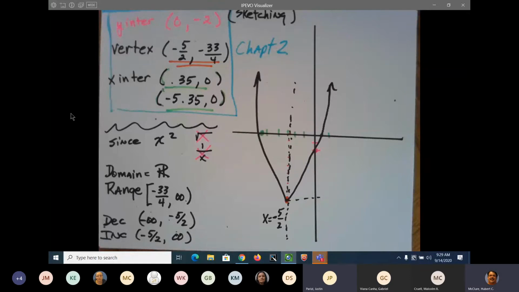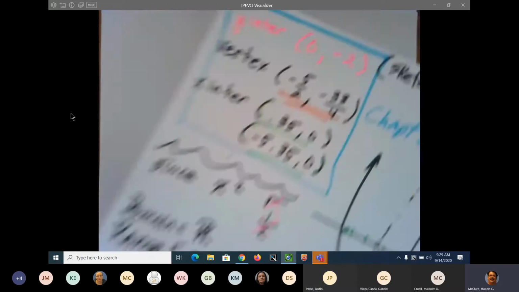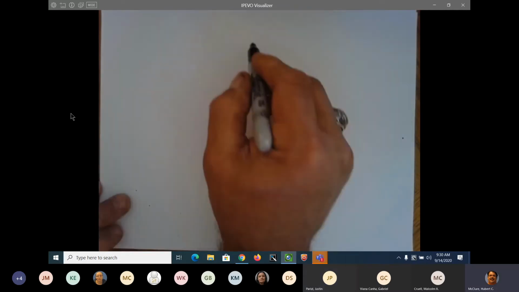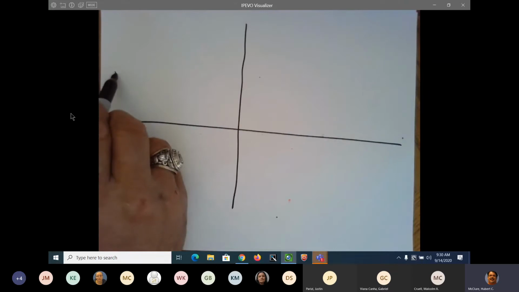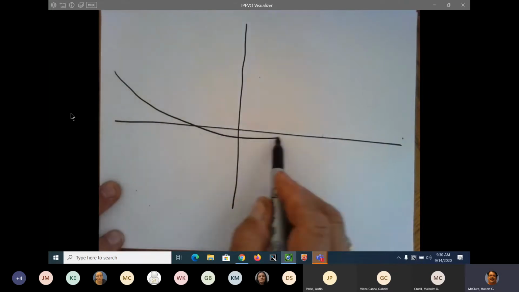Yes. Let me go through and explain that right quick, because I know there's somebody out there that doesn't understand decreasing and increasing. They're just too scared to say it. So I'm going to draw a picture, and I'm going to draw a parabola like this.